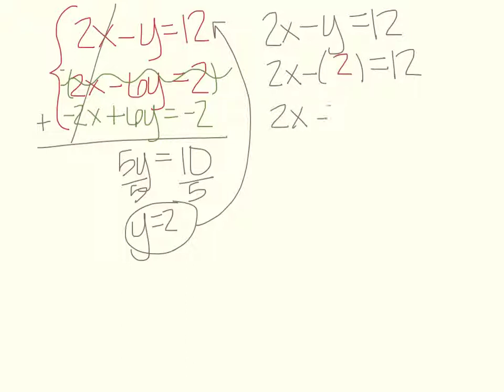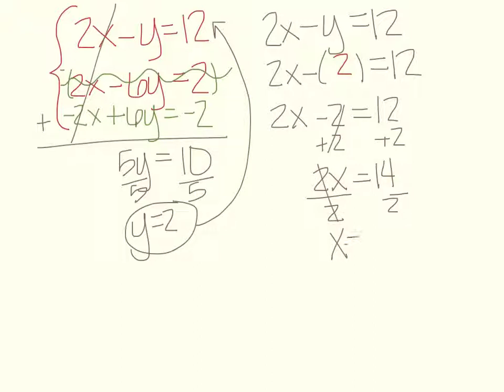So 2x minus 2 equals 12. Add 2 to both sides. 2x equals 14. Divide both sides by 2. X equals 7. So what is our solution to this system? When x is 7, y is 2.